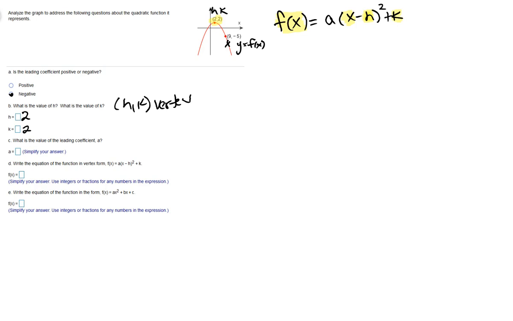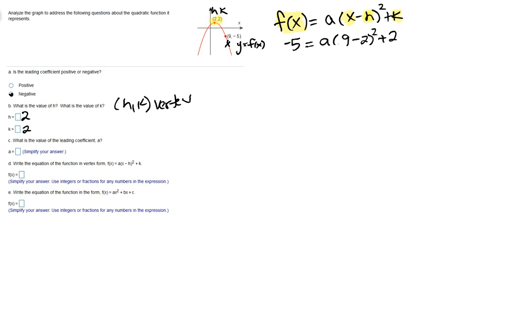So once we substitute those values in, we'll be able to solve for a. Substituting in for f of x, I've got negative 5. a is what we're trying to figure out. In for x, we have 9. h is 2, and k is 2.